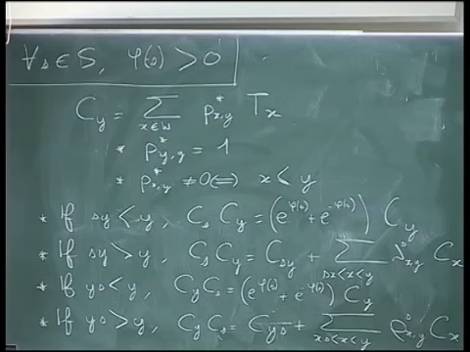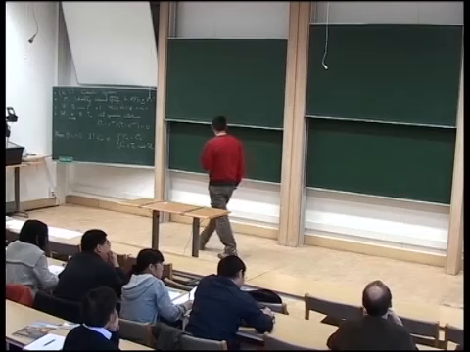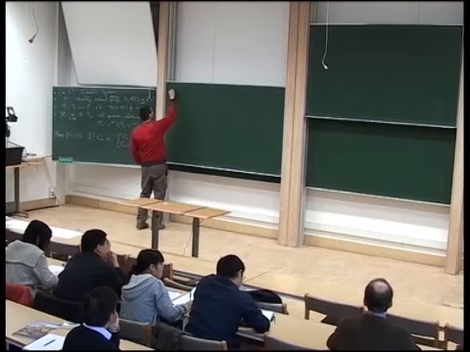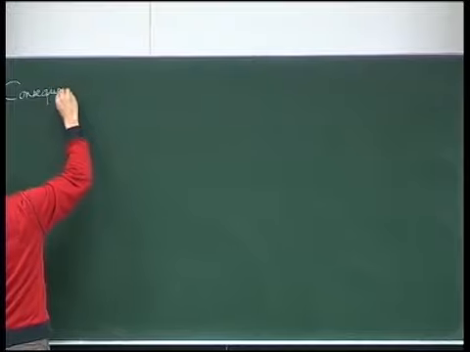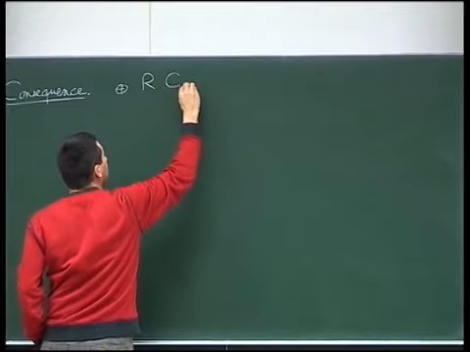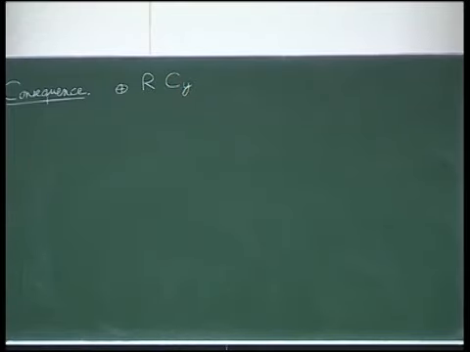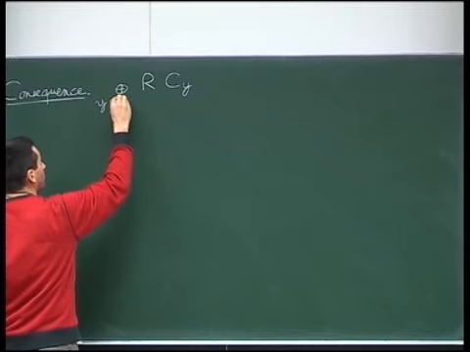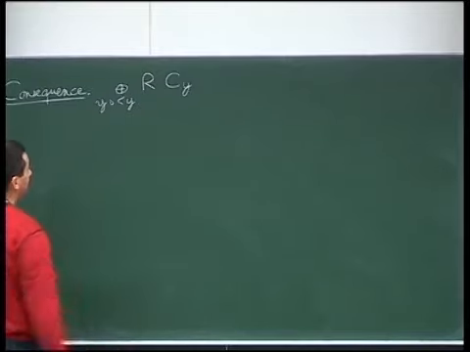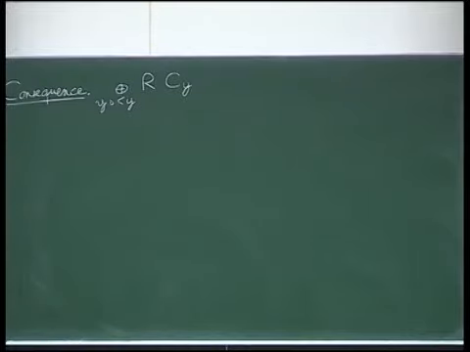And the first consequence of the property of this multiplication, which can be proved by induction, is the following result. If you consider the following R-module, the module generated by the C_y's satisfying the following property, that if you multiply them on the left by a simple reflection s, then sy is smaller than y.